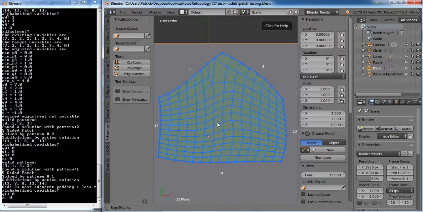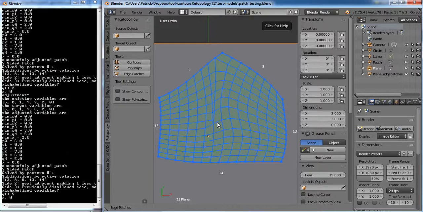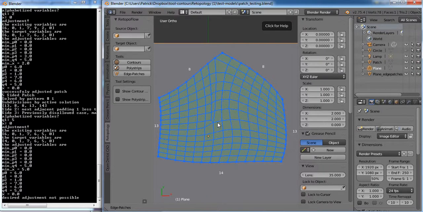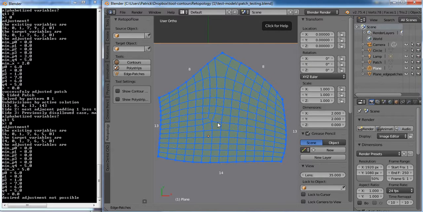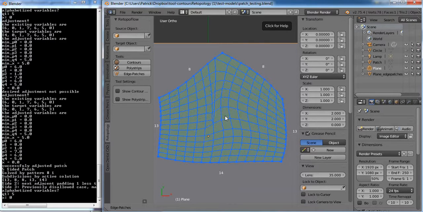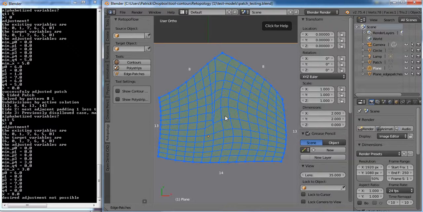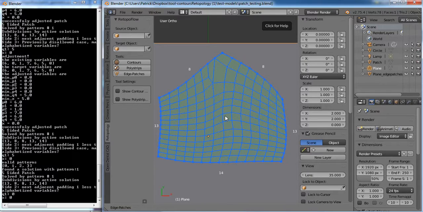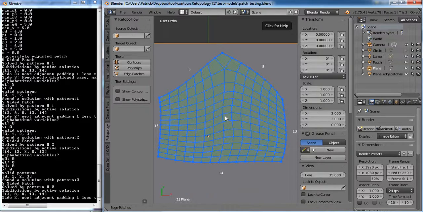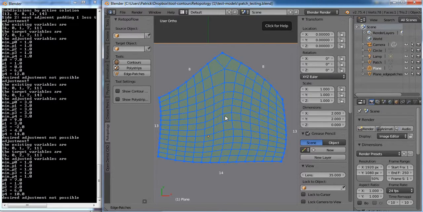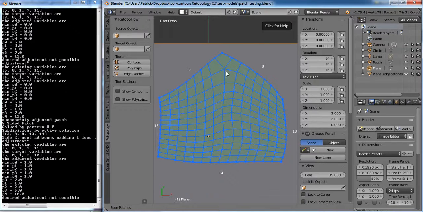And here's a different pattern, and let's see if we can adjust these. Yep, same deal. Let's find a different one. And this one's pretty fixed.